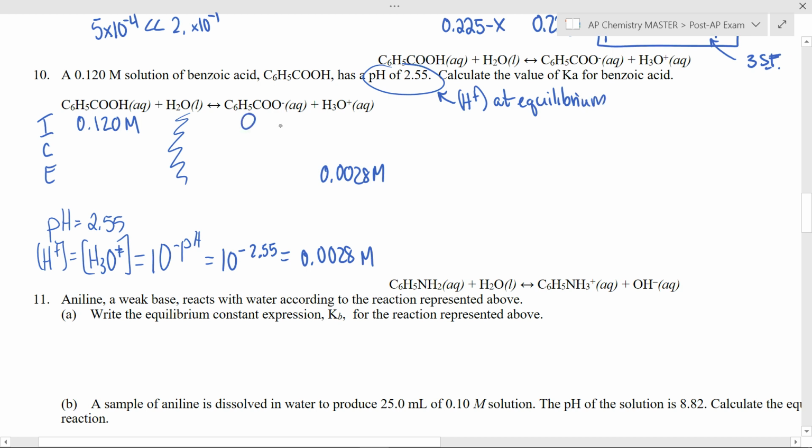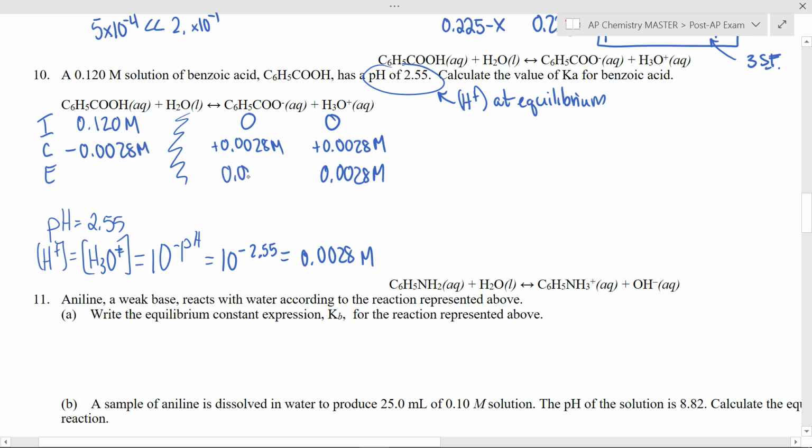And if we fill in the rest here, these start at 0 because it didn't mention any initial values of that. And if we know the initial and the equilibrium, we know how much the change was. And remember, once we know one of the change values, we can fill in all the other ones because we know the mole ratio here based on our balanced chemical equation. In this case, it's a 1-to-1 mole ratio.